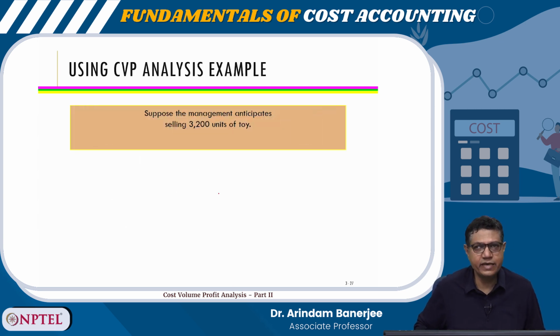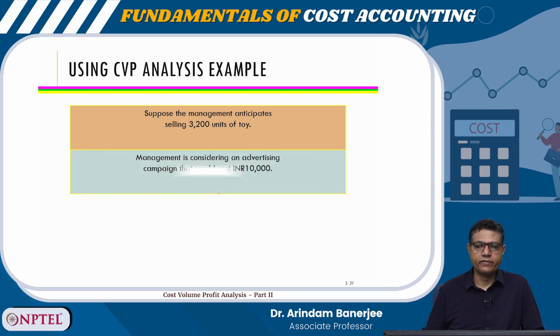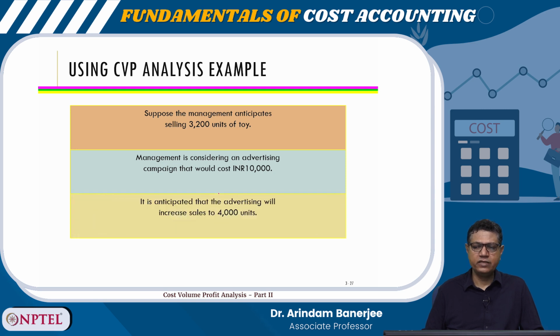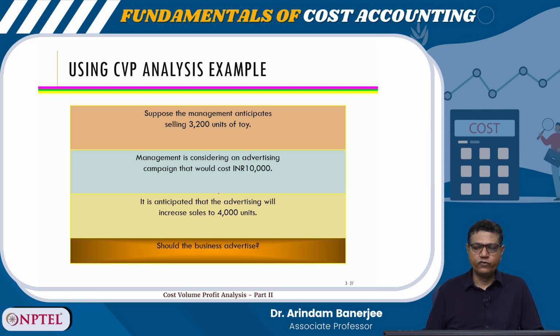We are taking one example again. Suppose the management anticipates selling 3,200 units of toy. Management is considering an advertising campaign that would cost 10,000, and it anticipates that if the advertising campaign is done, then sales will increase to 4,000 units.